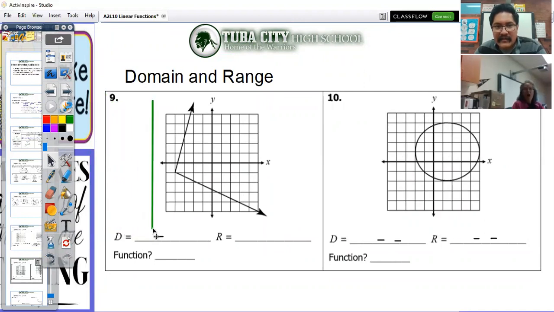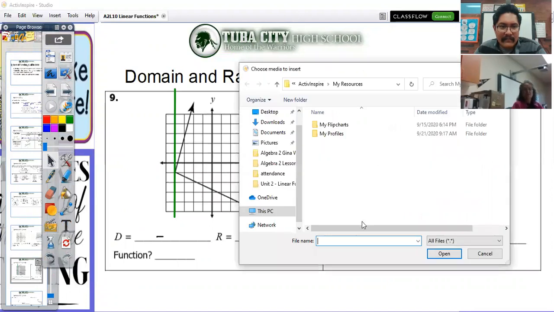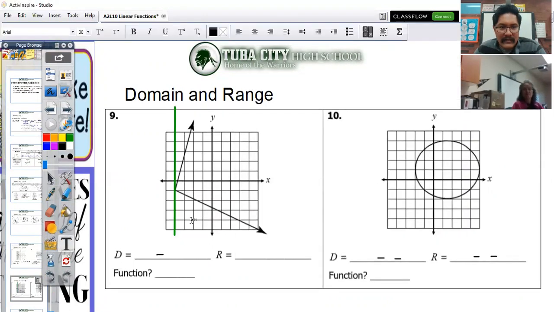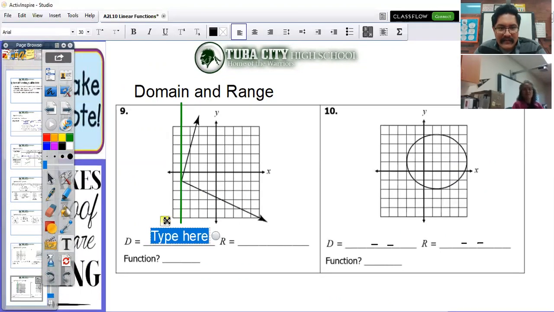So if I start from here, nothing, nothing, nothing, nothing, nothing, and I get something right there. Those are what I'm looking for. So that means my domain, oopsie, let me see if I can type this here, is x values greater than, because the x would have to be greater than -4.